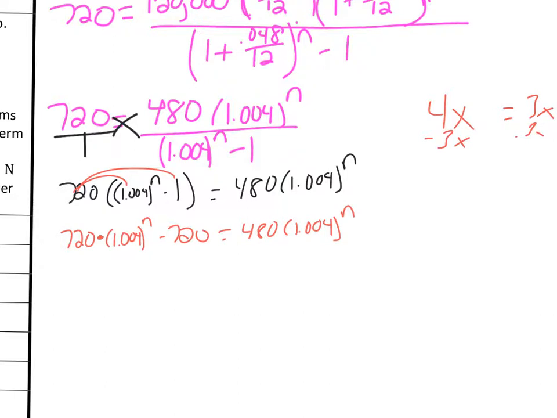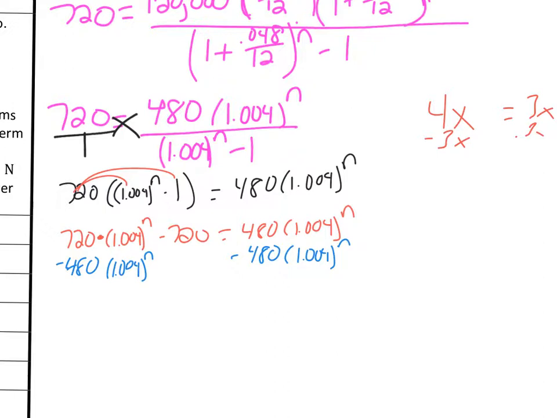So I'm going to subtract. I need to undo that. Okay, so I need to subtract off the 480 times 1.004 to the power n.